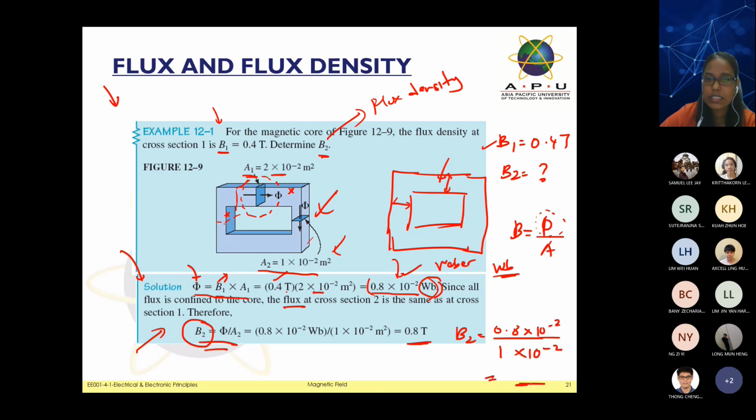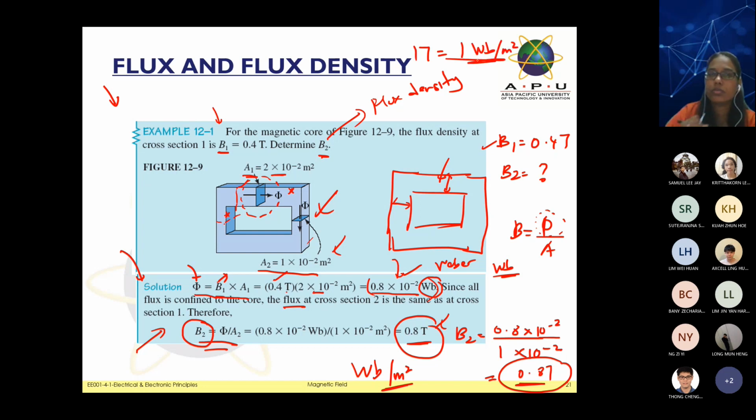You get the last answer, B is 0.8 T, which is the flux density value. At the same time, you can convert this into Wb per meter squared. Take note, 1 T equals 1 Wb per meter squared.